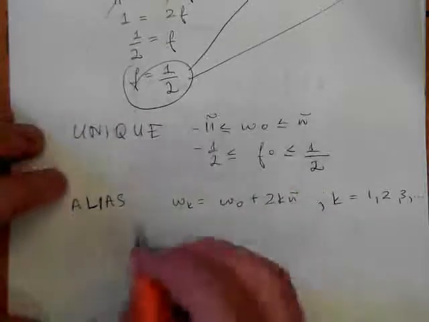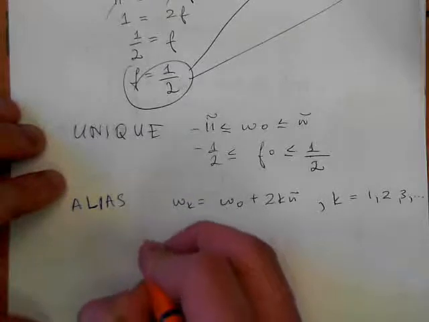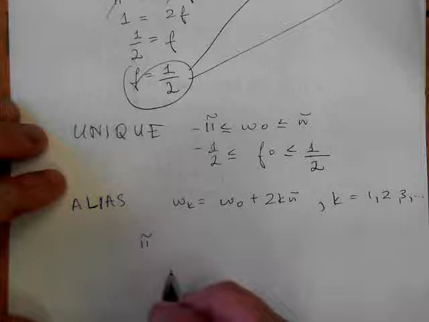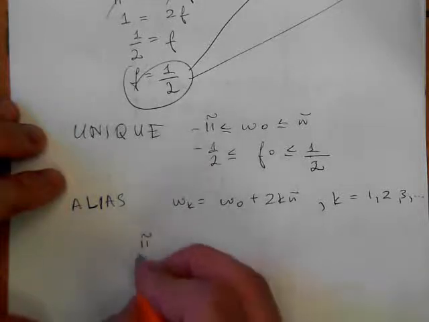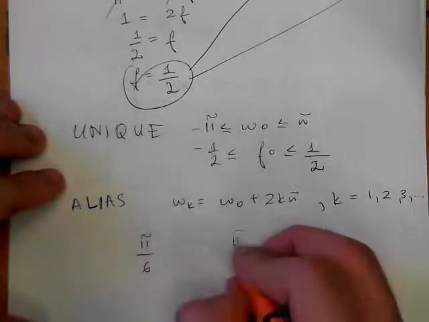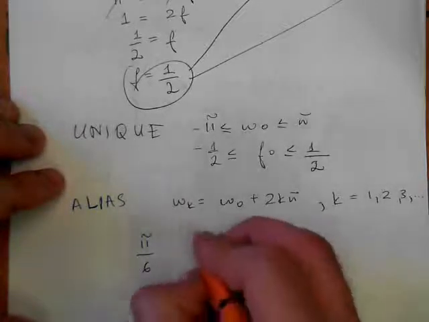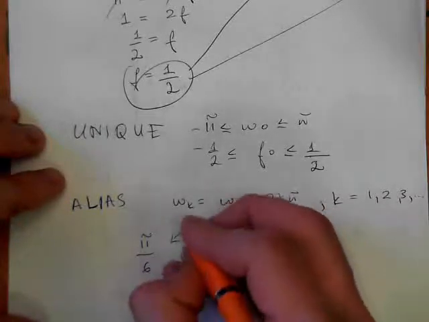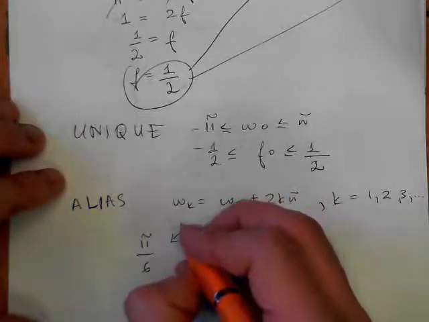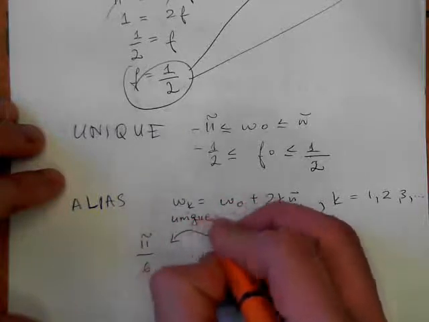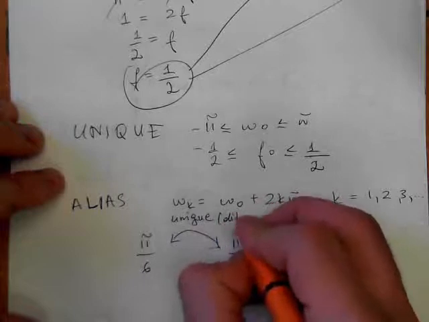So we have unique, this is basically the example that I showed, that I previously couldn't draw probably very nicely, but here we get pi divided by 6, pi divided by 7. These signals are unique. It means they are different.